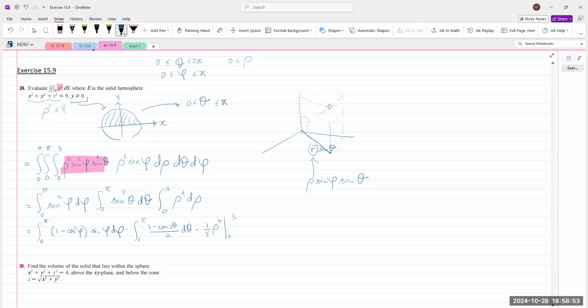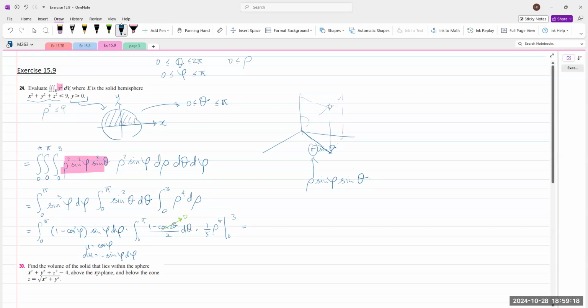Okay, if my u equals cosine phi, du will be negative sine phi d phi. I know this will go to 0.